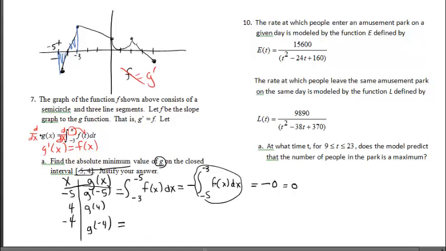All right, well, g of -4, go back to the g equation. Again, you want to reverse your limits, making the answer negative.